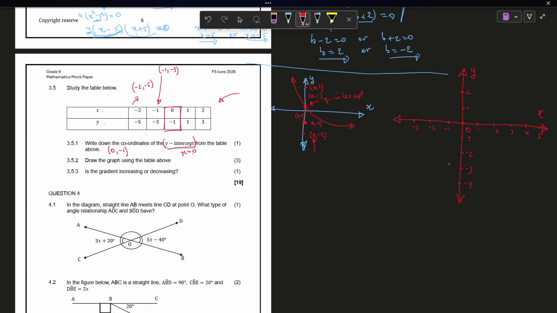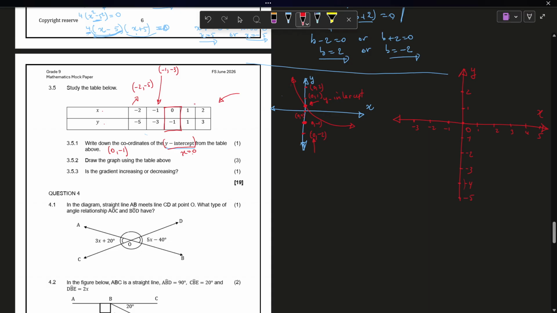Let me just delete this part. Oh no. I don't want to delete all the points. So what can I do? I can just use this. Let me just remove this. Okay, so I also have another point here. Let me just write -5, right?